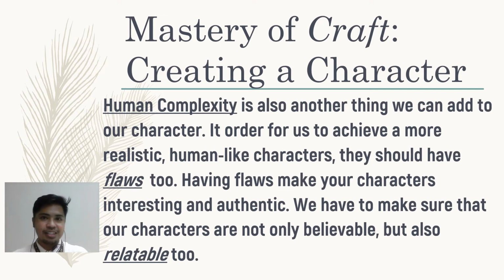Just like us people, right? We cannot say that we are perfect because we acknowledge that we have flaws and insecurities. Just like that, our character should possess unique flaws and insecurities that will make them authentic, more believable and more relatable to your readers. So they should have a particular flaw or imperfection.